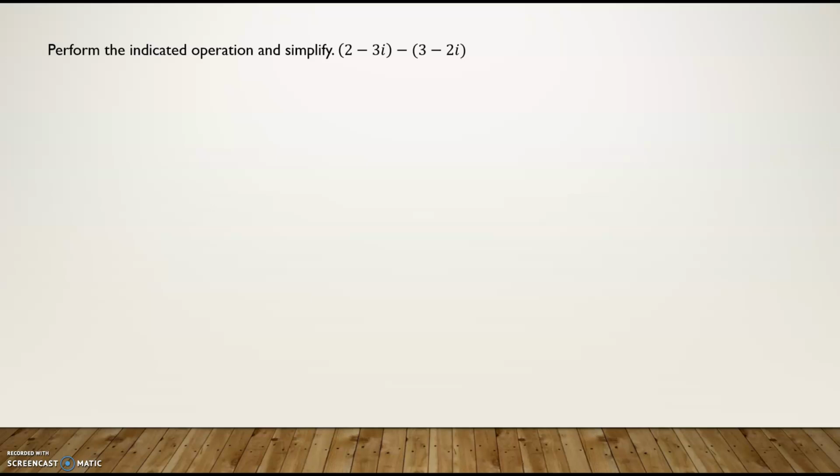Okay, now let's look at this one right here. So now we have two complex numbers subtracted from one another. This is where you need to be careful because what we're going to do is distribute this negative to the 3 and to this -2i. So we'll have 2 - 3i - 3 + 2i, because the negative times the negative will give us a positive.